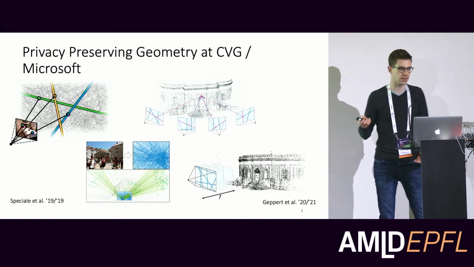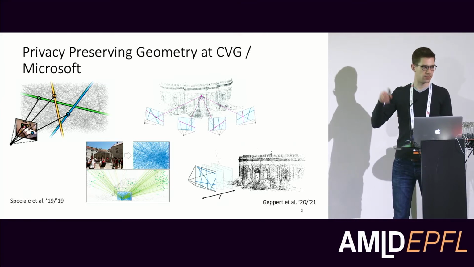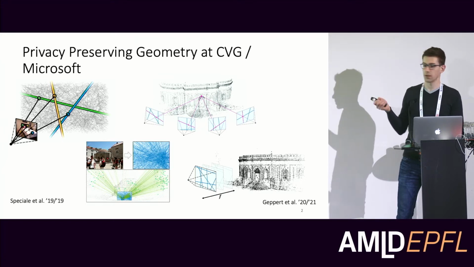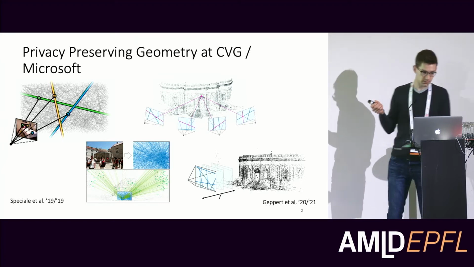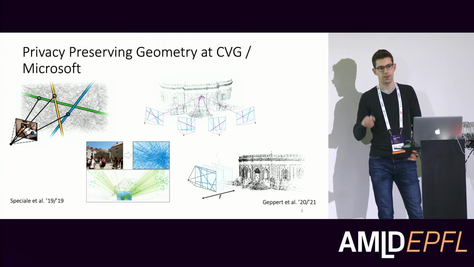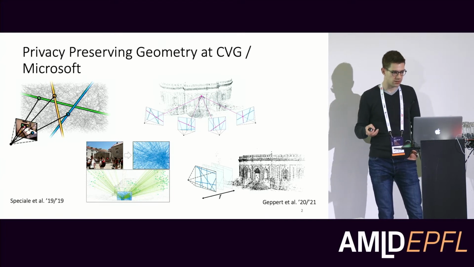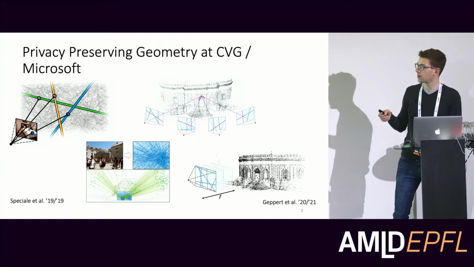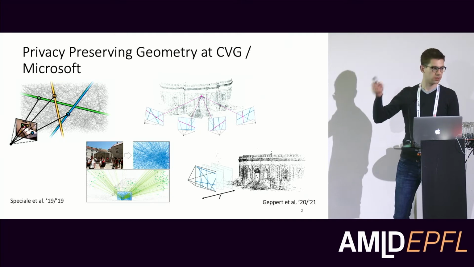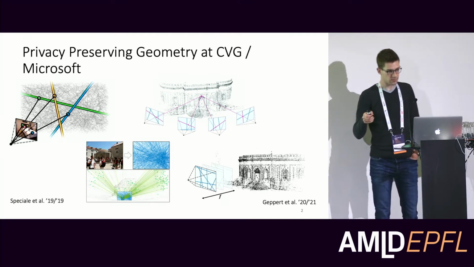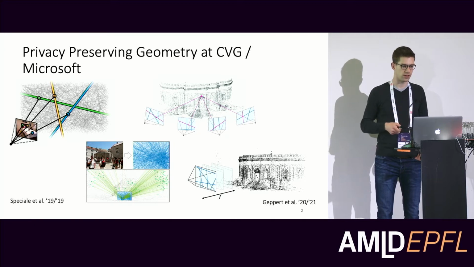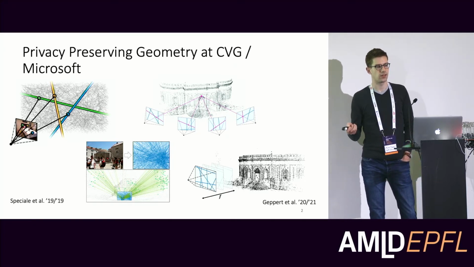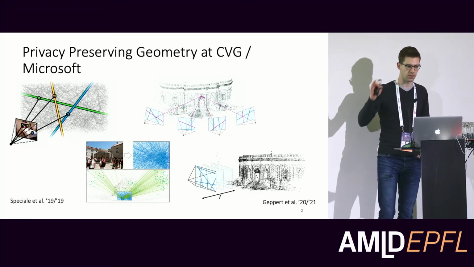And then they showed that you can still localize an image just from image key points against this line cloud. In the second project, they applied the same idea to the image key points. Instead of using key points in the image, they replaced those with a 2D line, and then again you can localize this, in this case against the point cloud map.